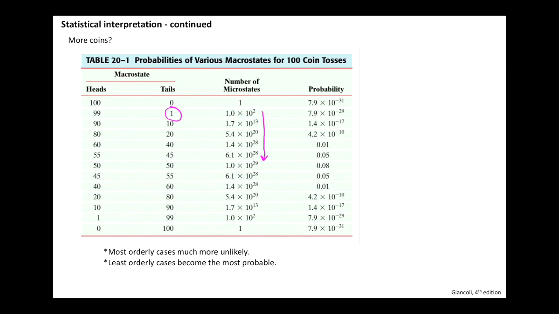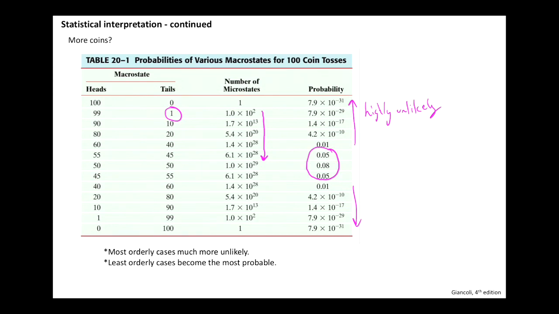Notice all of a sudden now there are so many different microstates that correspond to the different macrostates such that these endpoints become highly unlikely. It turns out that more than likely you're going to end up somewhere in the middle, okay?